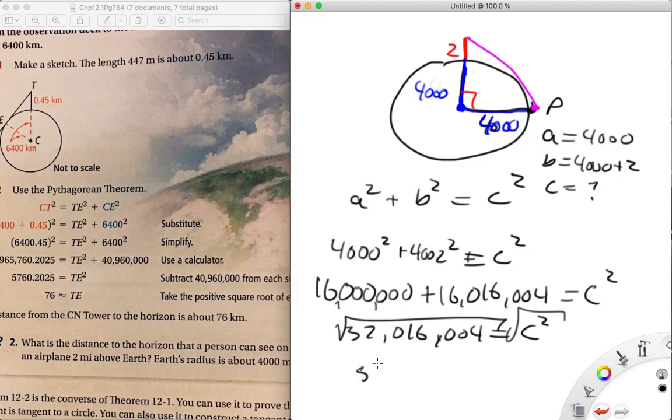We got 5,658 miles approximately. Pretty far distance to see. So you see about 5,000 miles. It's pretty far.